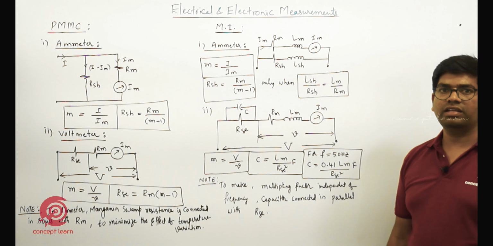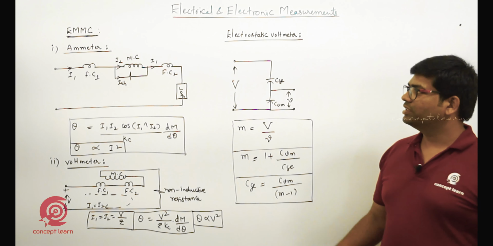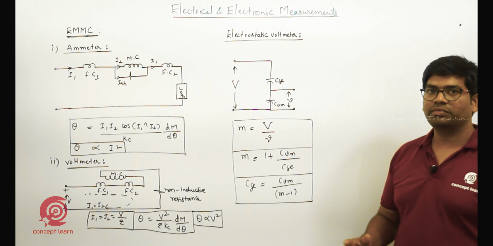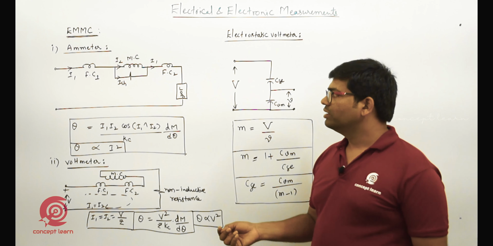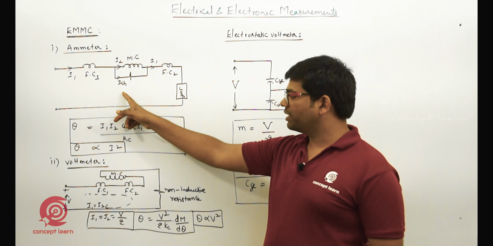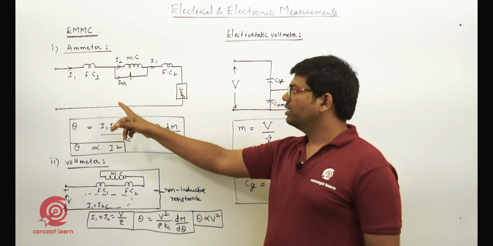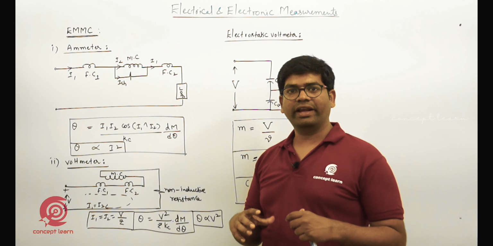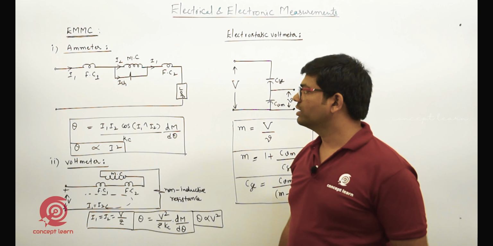Next we will see the EMMC as well as electrostatic voltmeters. The EMMC instrument, the electrodynamometer moving coil instrument, is a combination of fixed coil and moving coil. But here, in both ammeter and voltmeter, we divide the fixed coil into two equal sections to get a uniform field in the circuit.